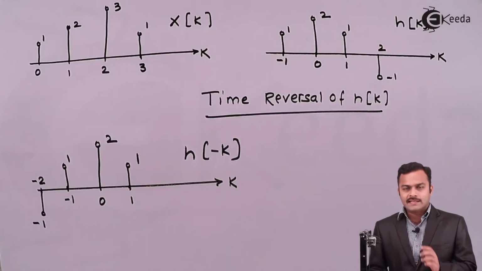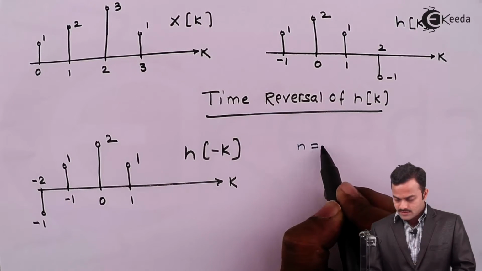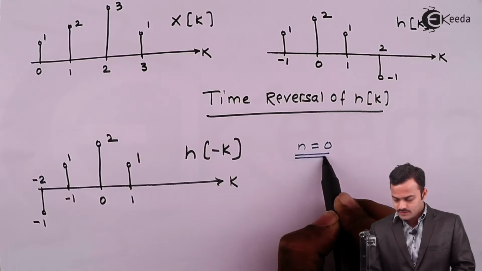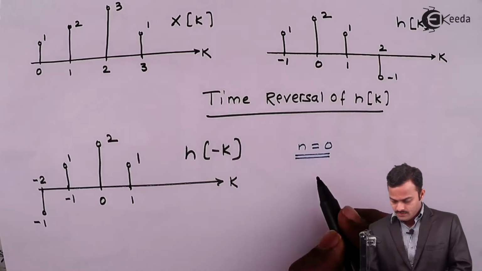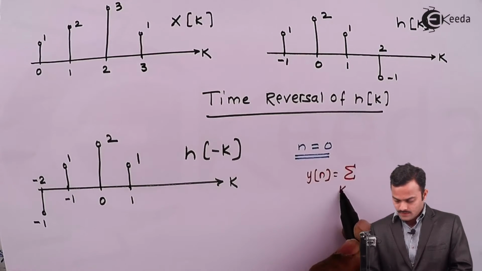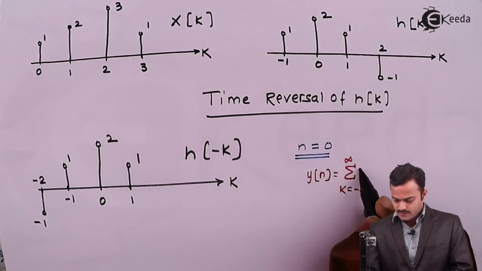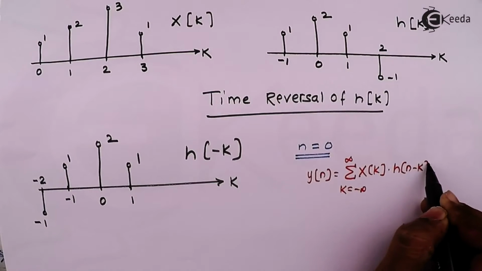Now we have to consider this h of minus k as a time shifted version of h of minus k by the amount 0. That means if I use the shift n equal to 0 in the convolution sum formula, which says y of n equals summation k from minus infinity to infinity x of k into h of n minus k.